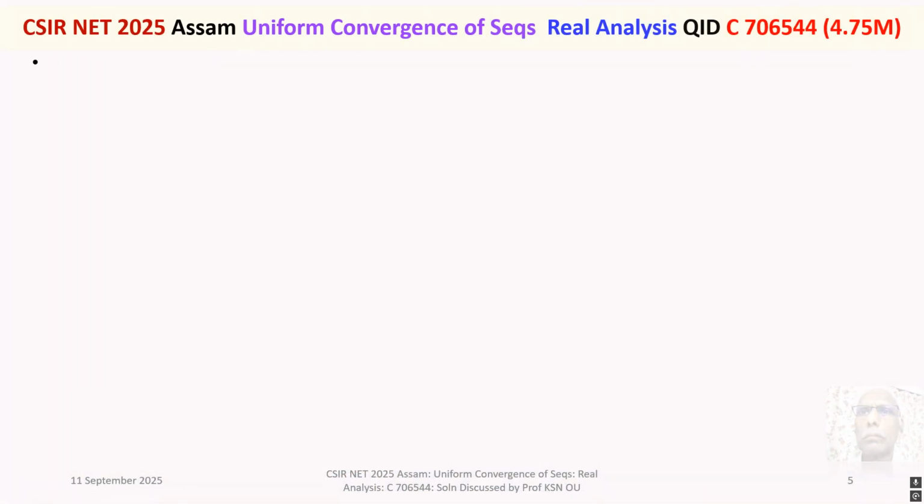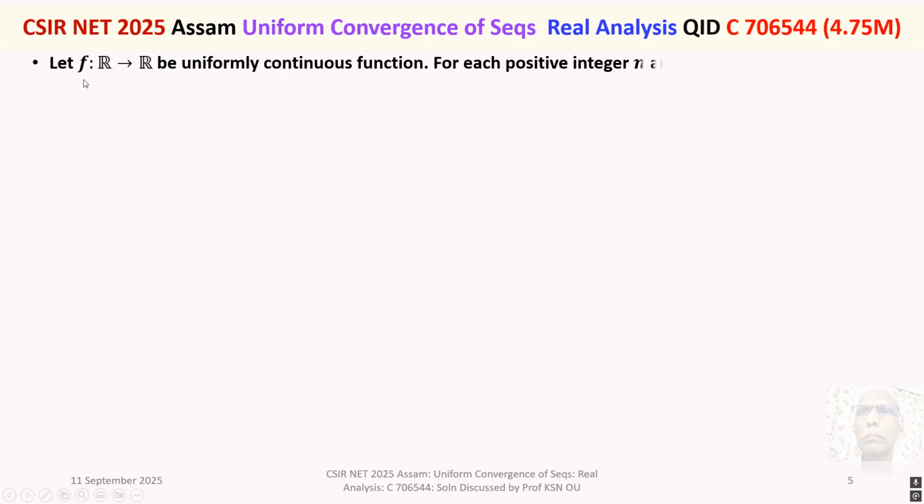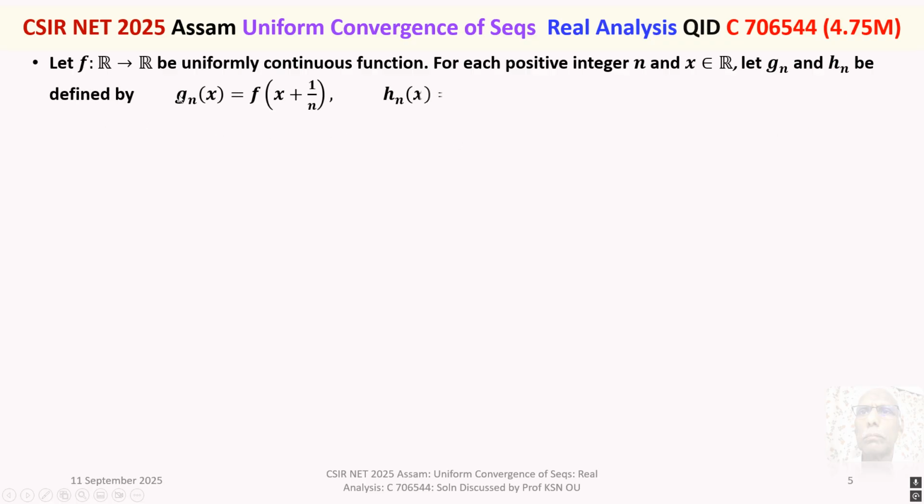Right. The given question is, let f be a function from R to itself. It be a uniformly continuous function. This function from R to R is a uniformly continuous function. For each positive integer n and x belongs to R, let Gn and Hn be defined by Gn of x is equal to f of x plus 1 by n.